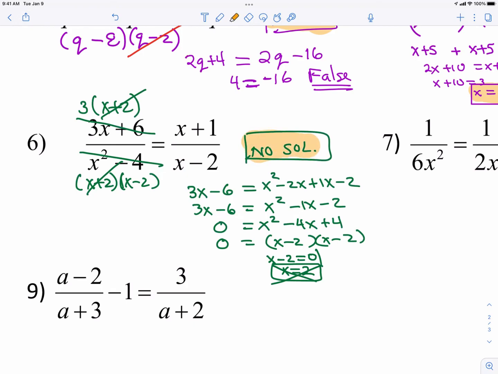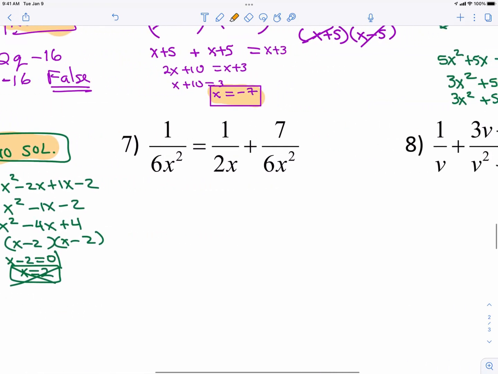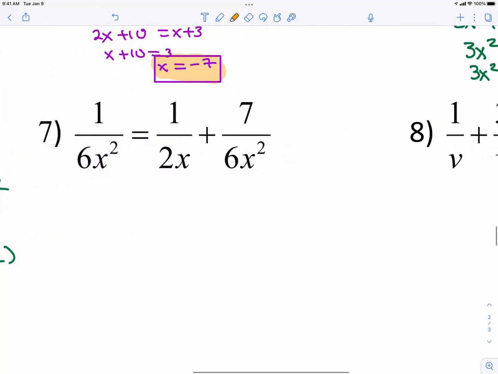All right, number 7. So in number 7, we want to multiply everything by the LCD, and the LCD is going to be 6x squared. So we multiply that fraction by 6x squared, and that causes the 6x squareds to cancel, leaving you with 1.